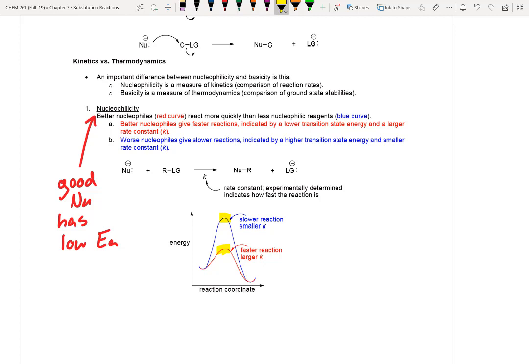So this is really impacted by solvent, because solvent changes the transition state energy.